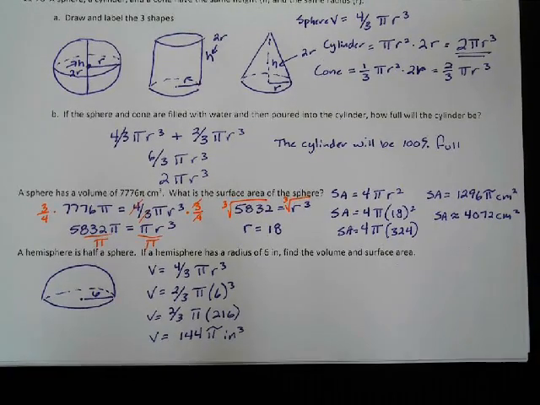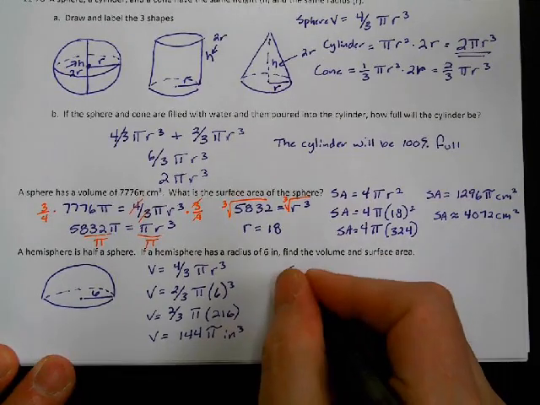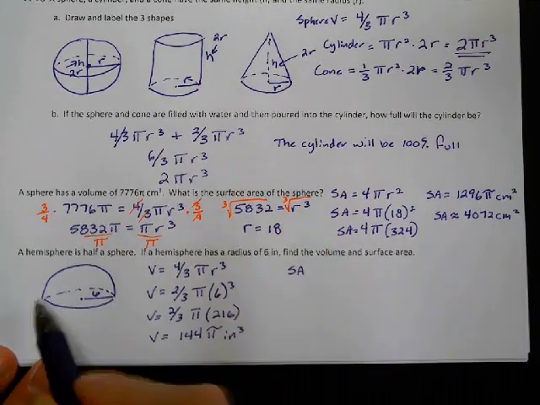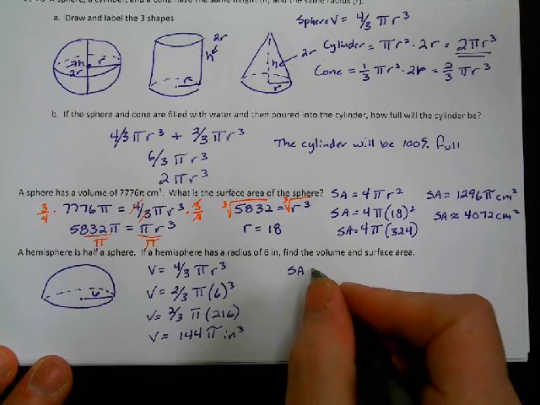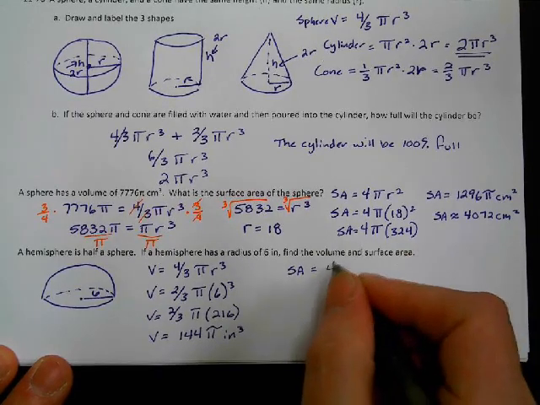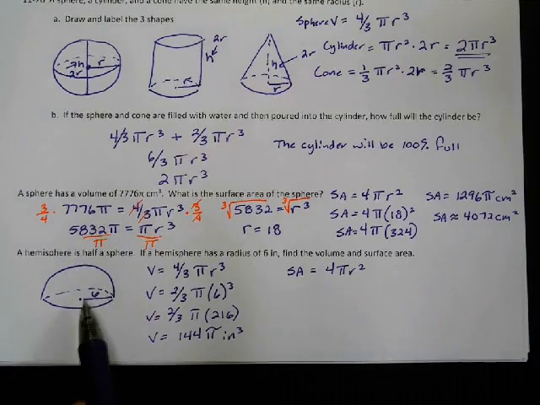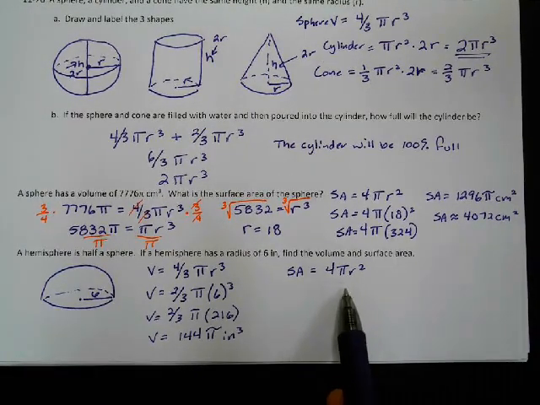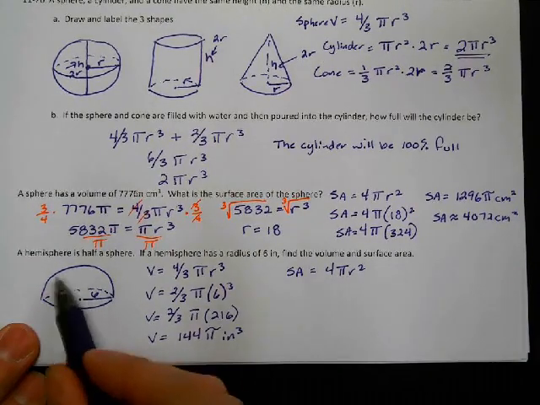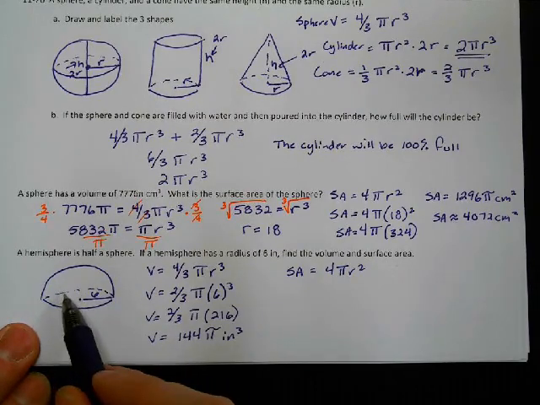Now, the surface area is a little bit different. You might think, well, the surface area formula for a sphere is 4 pi r squared, so if I'm doing half of a sphere, I should get 2 pi r squared. Almost. The outside portion out here is 2 circles. But now that we've cut it in half, we have a new flat face.